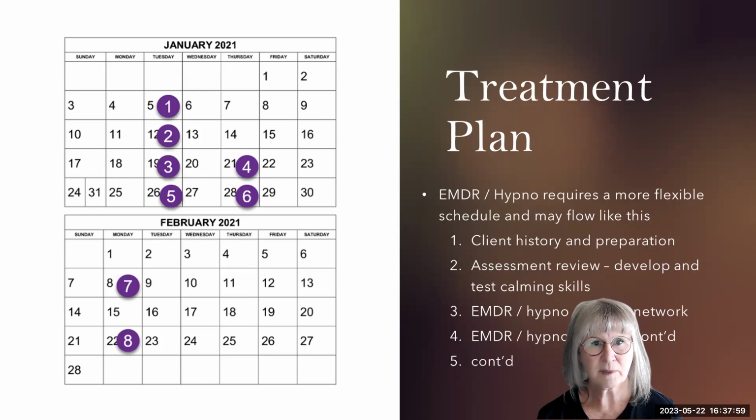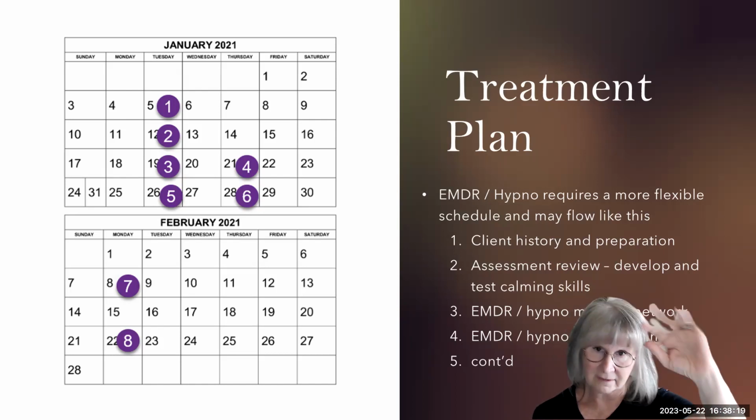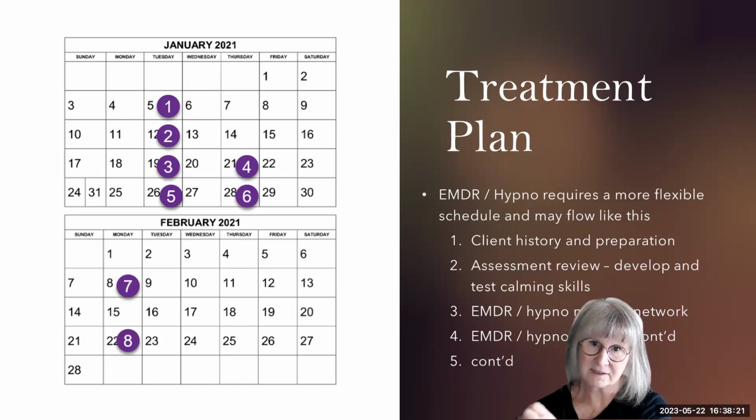Then what we can do is pick up the same network and continue on. And if you're okay, 2 days later, we cancel that one. And then eventually you will probably, most likely, opt in for every 2 weeks. And then we'll go every 3 weeks. And then we'll go every 4 weeks. And then the treatment plan gracefully exits.